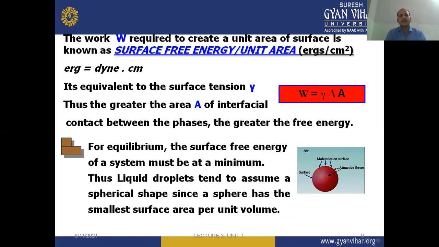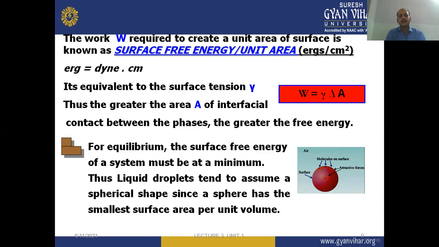We already know erg is equal to dyne into centimeter. It is equivalent to the surface tension gamma, because W is equal to gamma multiplied by delta A, where delta A is the change in area and gamma is the surface tension. So it is equivalent to the surface tension gamma.